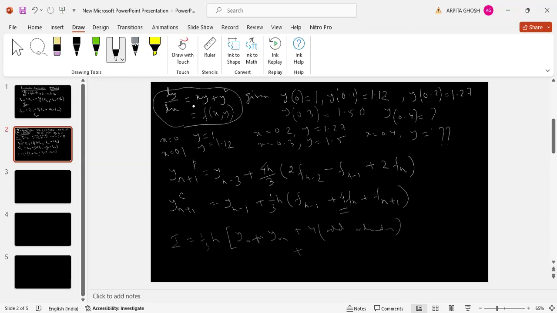Plus 2 into even ordinates. It is 4 times odd ordinates, and even ordinates into 2.